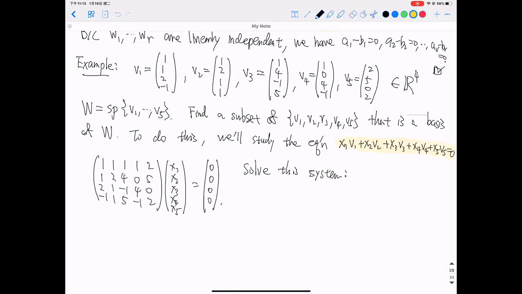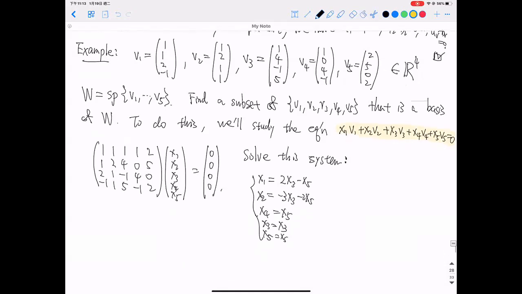Solving the system will give us the following description of solutions. x1 equals 2x3 minus x5. x2 equals minus 3x3 minus 2x5. x4 is x5. x3 and x5 are free. x3 is equal to x3. x5 is equal to x5.